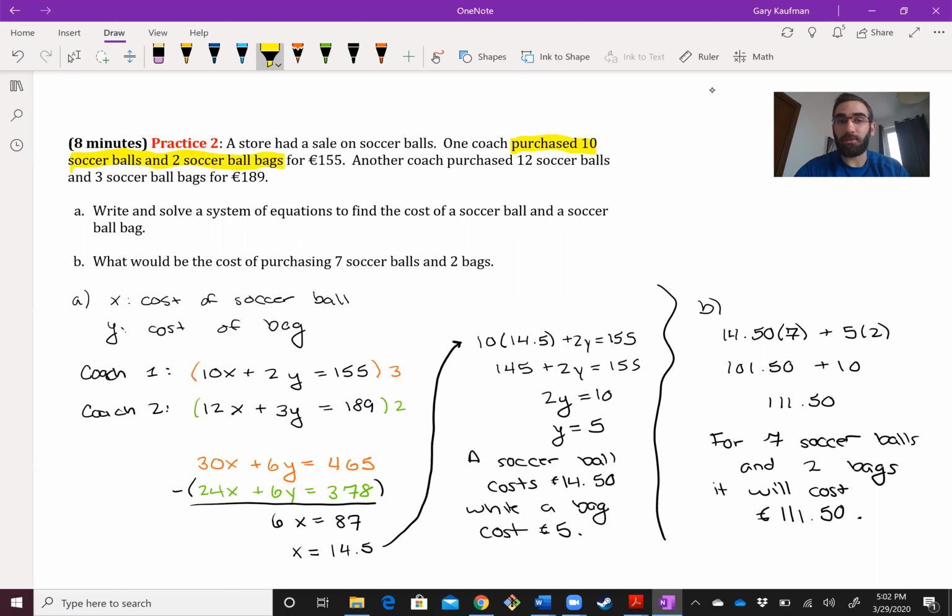That means the bags are already in the cost of 155. The only thing that you have to subtract from the 155 are the 3 additional soccer balls, which we know as 1450. You multiply 1450 by 3, subtract that from 155, and you again would arrive at the answer 111 euros and 50 cents. There's practice problem 2.